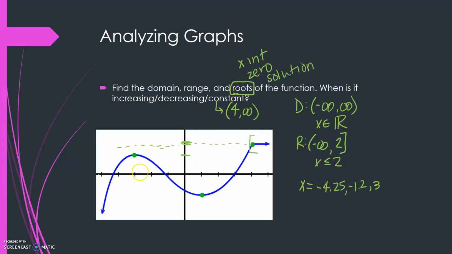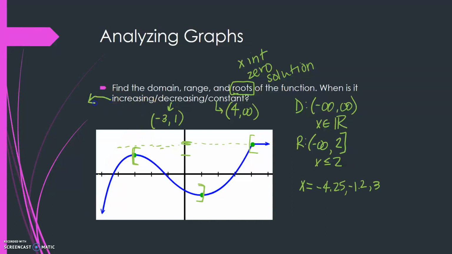The next one I'd say the easiest is probably decreasing. It's decreasing from right here to this other green dot down here, so from negative 3 to positive 1. And then it's increasing in 2 different places.